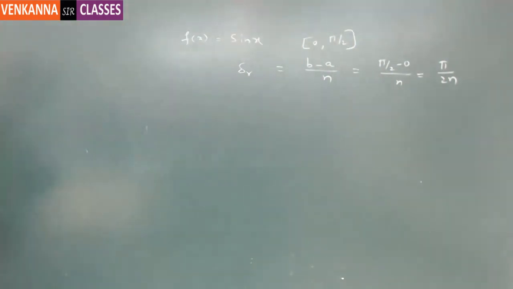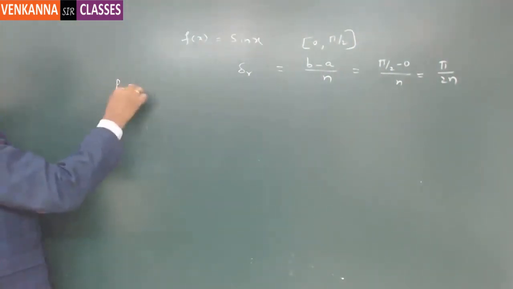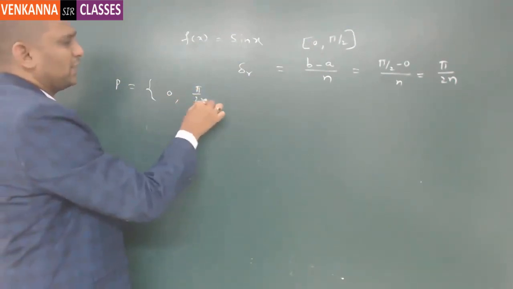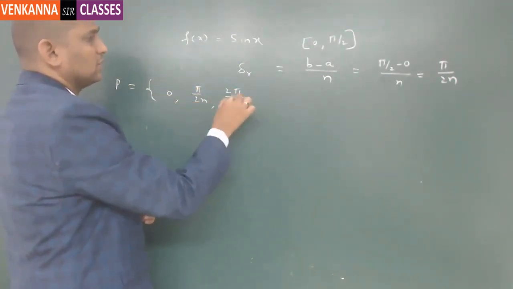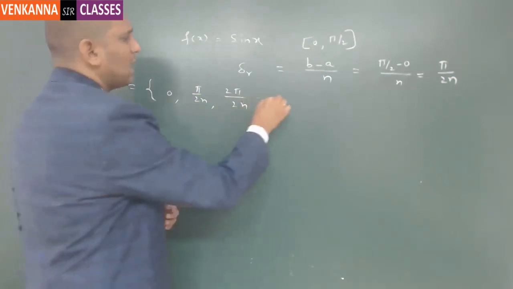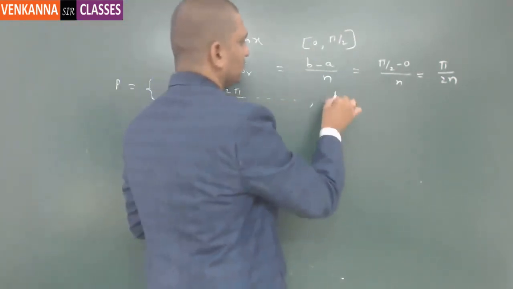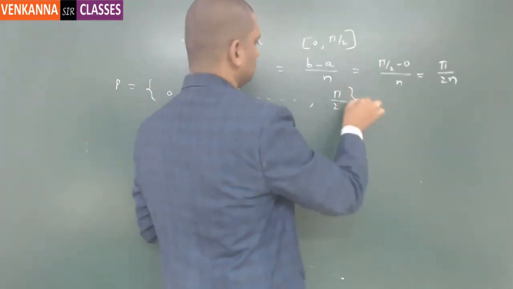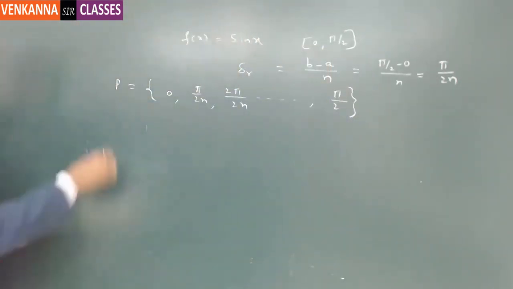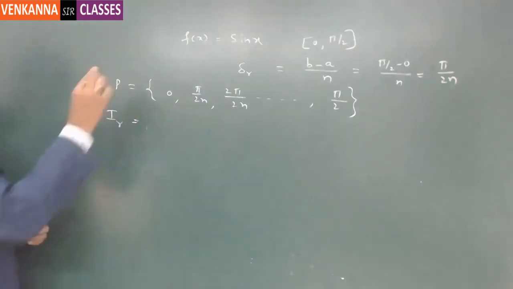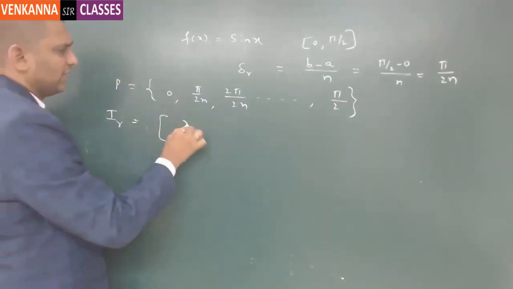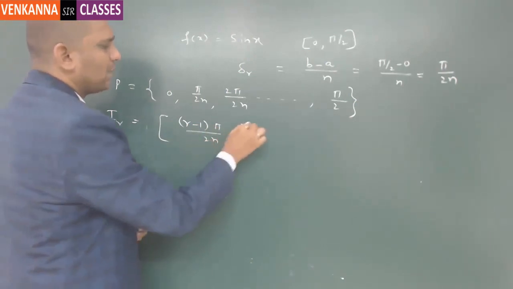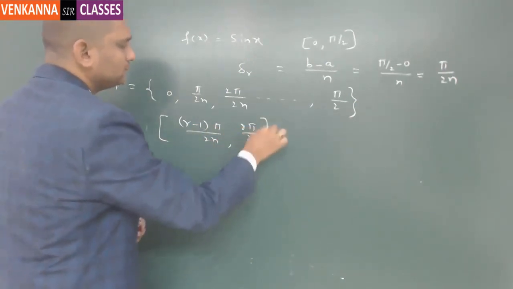And how does the partition look? The partition P is equal to 0, pi by 2n, 2 pi by 2n, and so on, pi by 2n, pi by 2. If you write an arbitrary subinterval IR, it will be r minus 1 into pi by 2n, comma r pi by 2n.